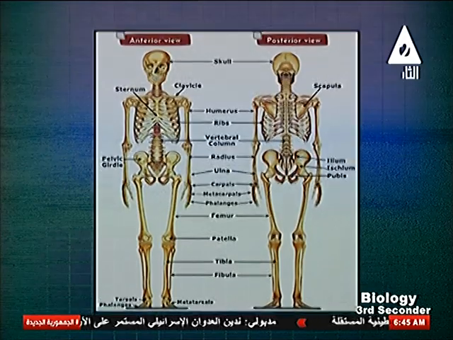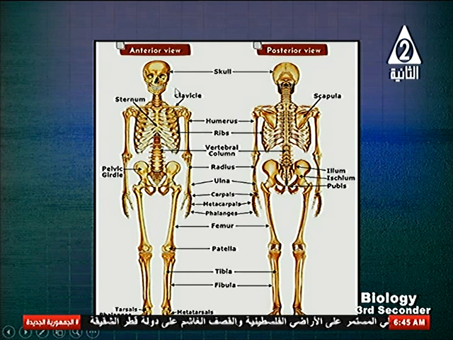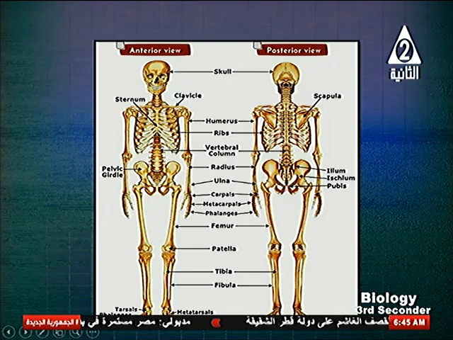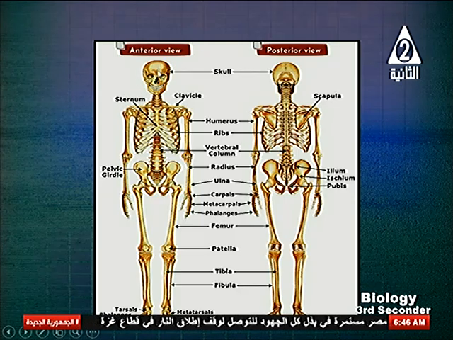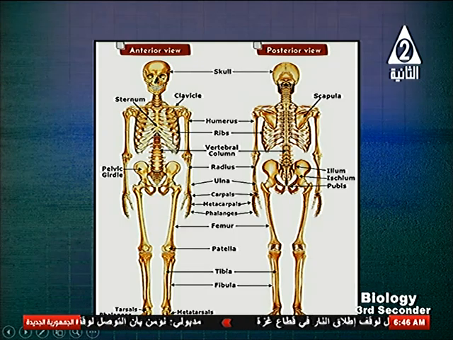Again, this is the anterior view of the skeleton and this is the posterior view of the skeleton. The anterior view shows the human body from in front of you and the posterior view from behind you. This is the axial skeleton: skull, ribs or thoracic ribs, and the vertebral column.